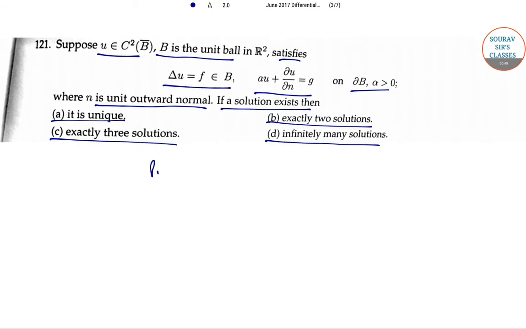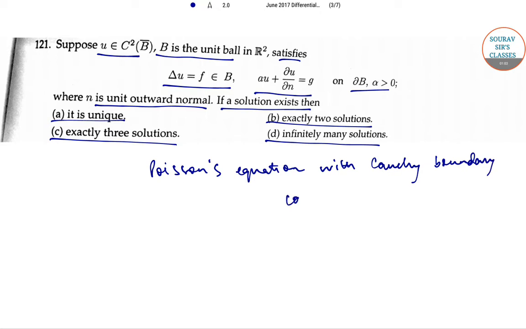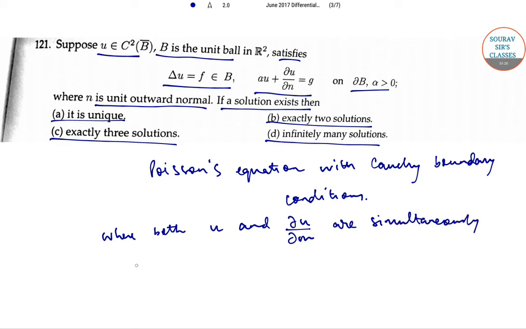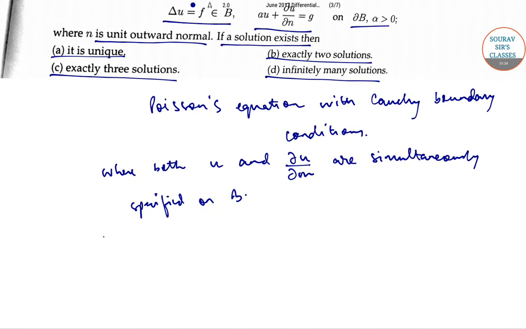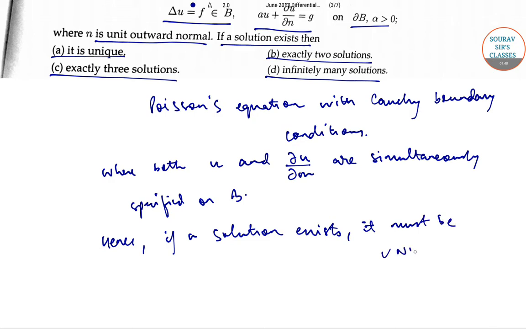Now the given problem is Poisson's equation with Cauchy boundary conditions, where both u and ∂u/∂n are simultaneously specified on ∂B, and hence if a solution exists, it must be unique.